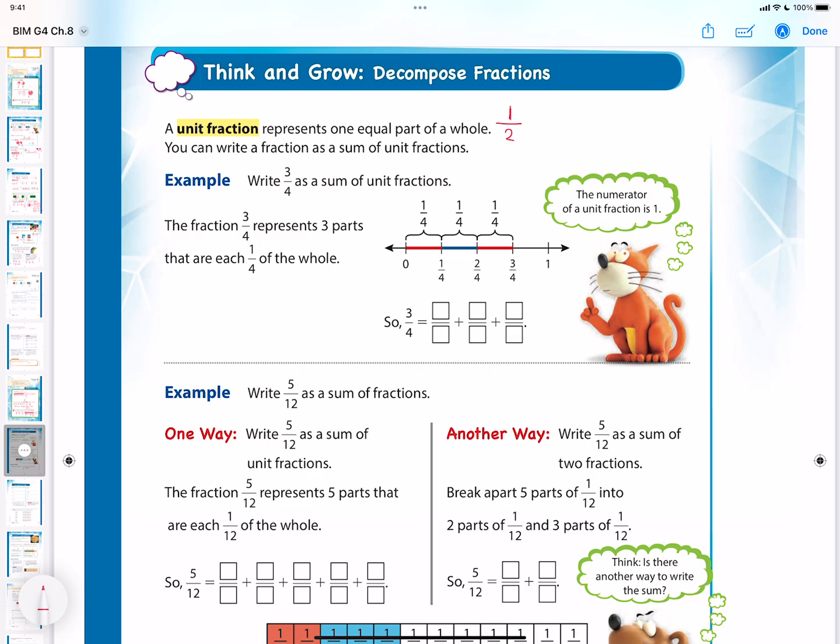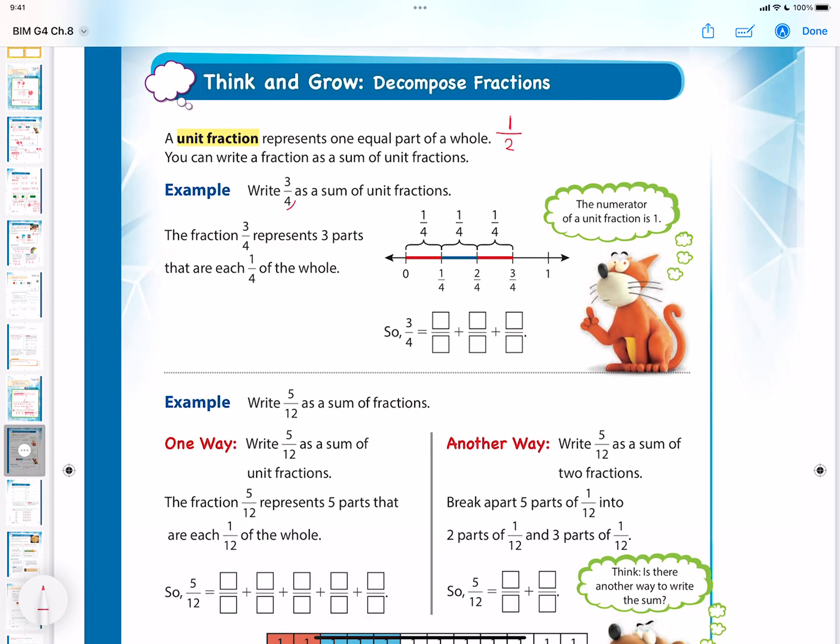Okay, write 3 over 4 as a sum of unit fractions. How many 1/4 are going to be there? 3 1/4. Make sense? The fraction 3/4 represents 3 parts that are each 1/4 of the whole. So 3 1/4 are going to make 3 over 4.